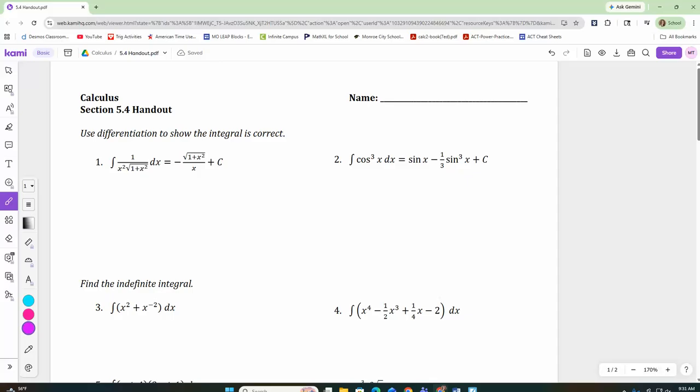If I'm doing the derivative of this over here, it is sine x minus 1/3 sine cubed x, which is the same as sine of x cubed. What's the derivative of sine? Okay, exponent comes down. 1/3 times 3 cancels. Inside stays the same. Subtract 1 from the power, so now it's sine squared, times the derivative of the inside.